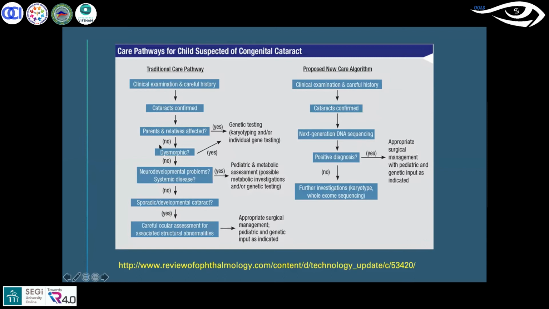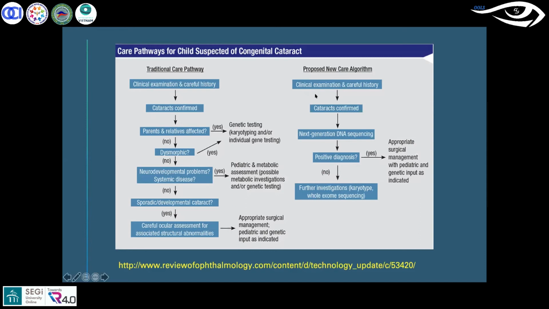There are dysmorphic features, yes or no. The child is growing, 2 months, 3 months, 6 months, 2 years. Is there any neurological, neurodevelopmental problem? At 2 years and 3 years, slowly you come to know that it's actually part of a syndrome, because it takes time for the disease to evolve.